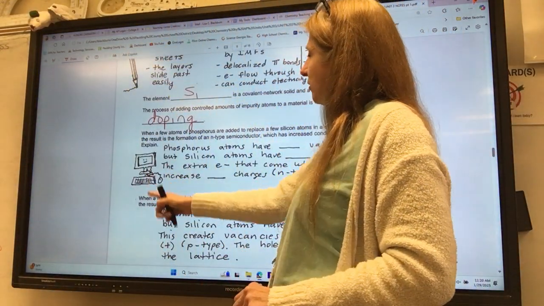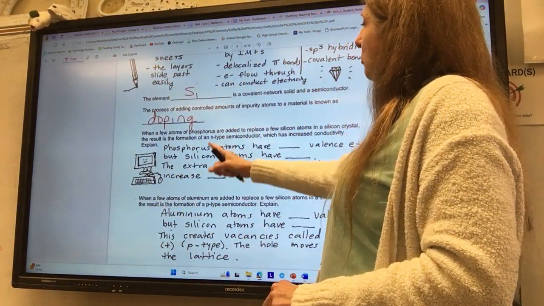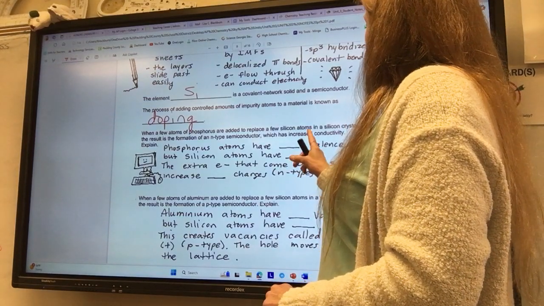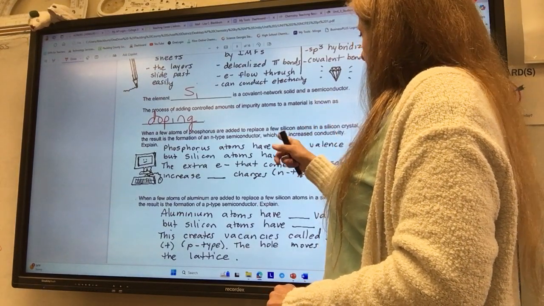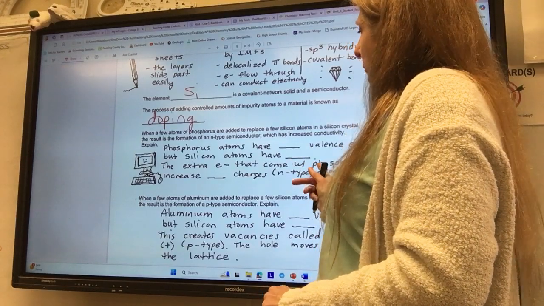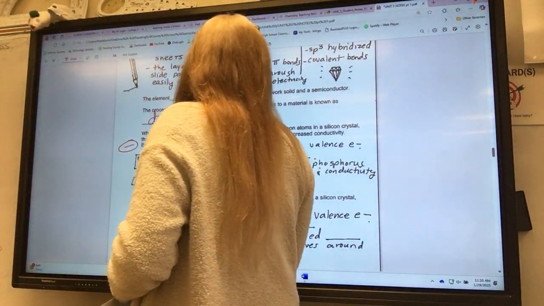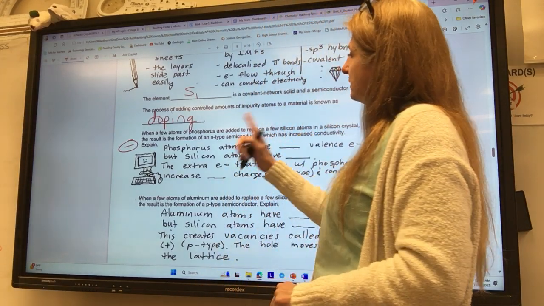So there's two kinds of doping we're going to talk about. If they add a little bit of phosphorus to it, then it does a little bit of substitution. This is called N-type for negative type, and it increases the conductivity.